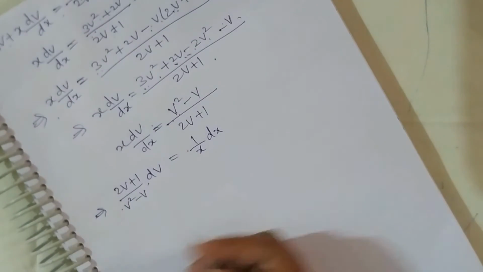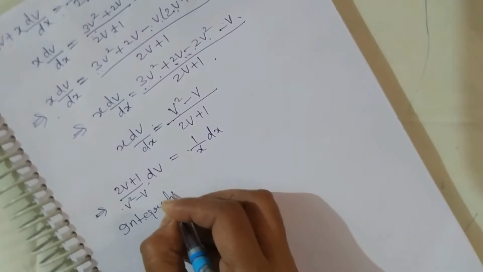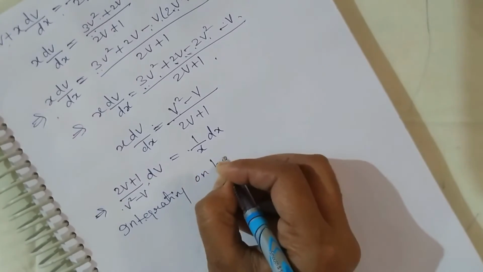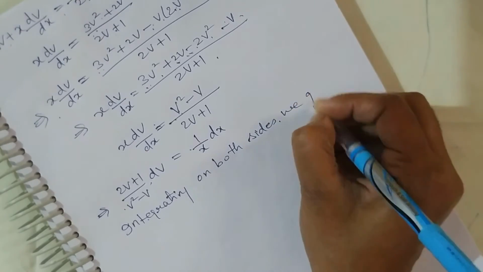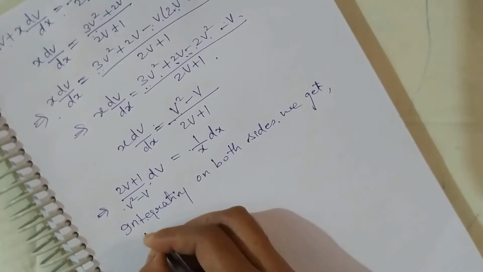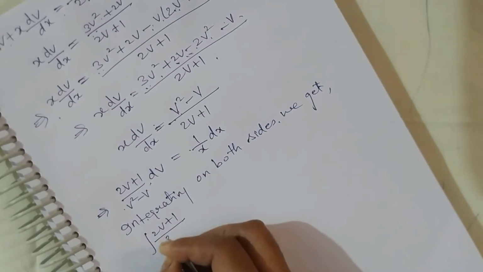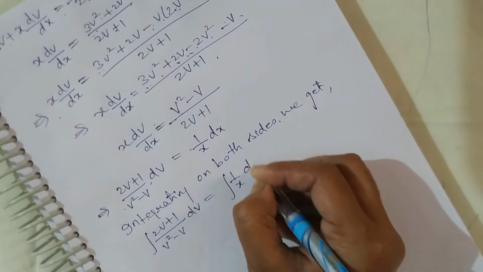Now integrating on both sides. Integrating on both sides, we get integration of 2v plus 1 upon v square minus v dv is equals to integration of 1 by x dx.